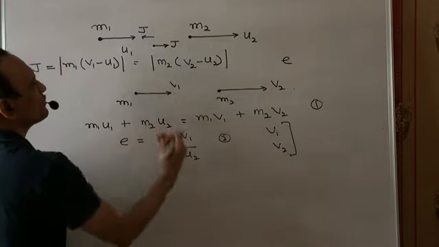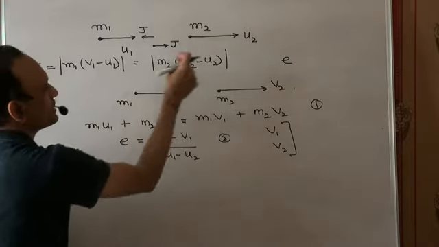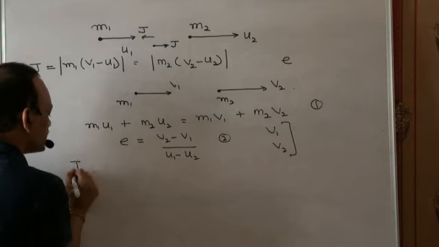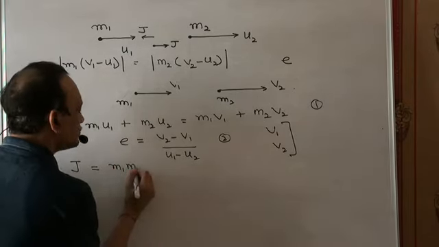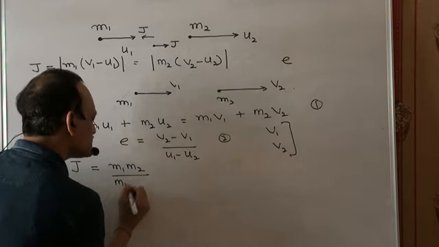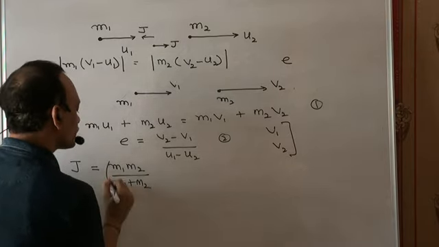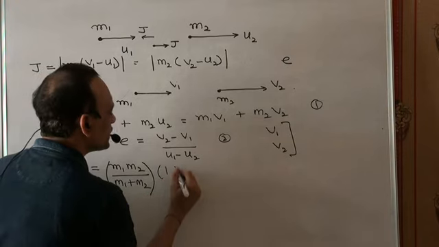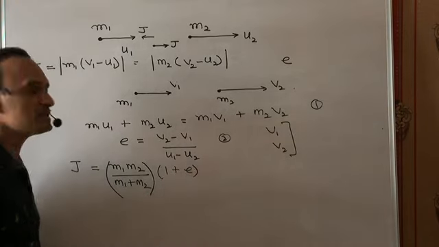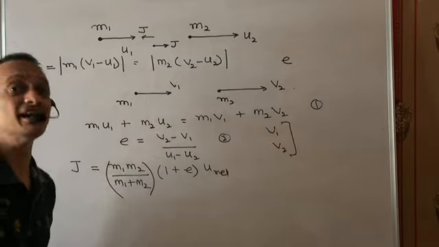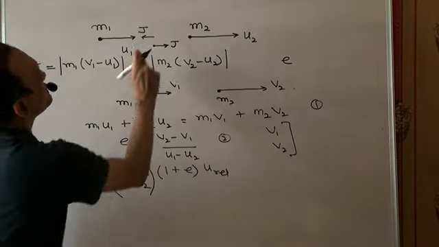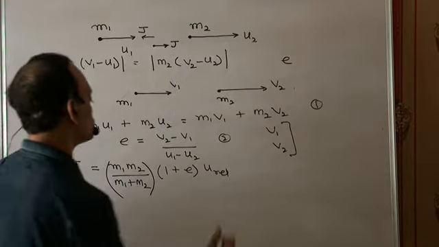If we actually solve for v1 and v2 and plug in the values, then we will end up getting j, the magnitude of the linear impulse, as m1 m2 by m1 plus m2, into 1 plus e, into the initial relative velocity between the two, which is the magnitude of u1 minus u2, right?